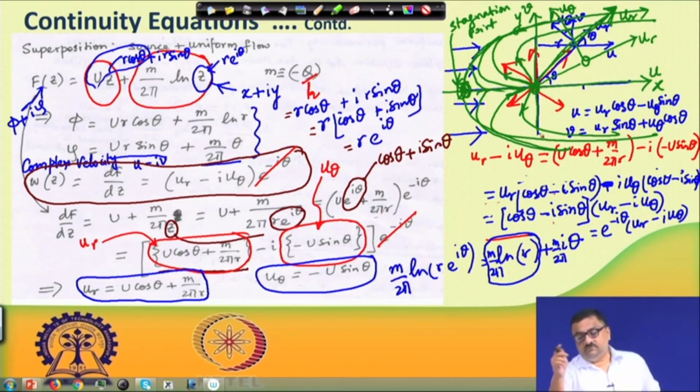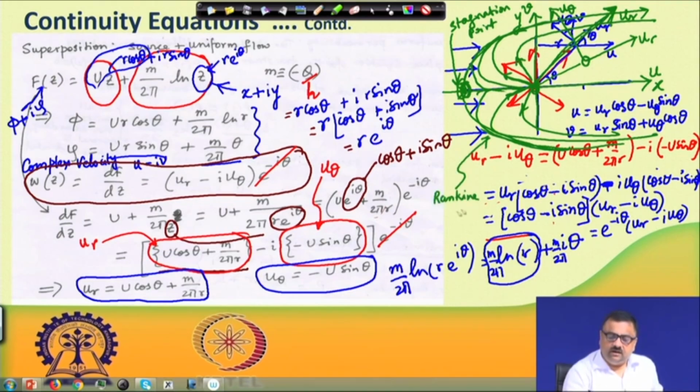I would like to inform you that this type of envelope has a name to it. Generally, this type of envelope in the context of fluid mechanics is referred to as a Rankine half body.